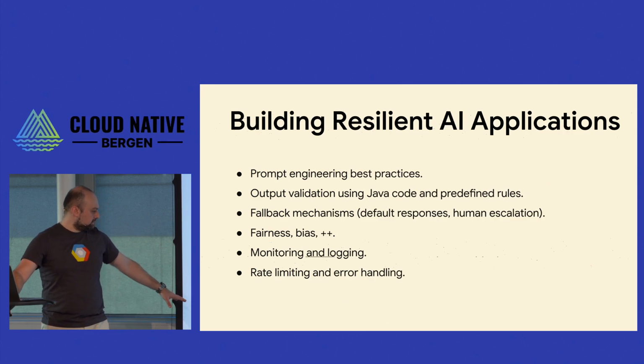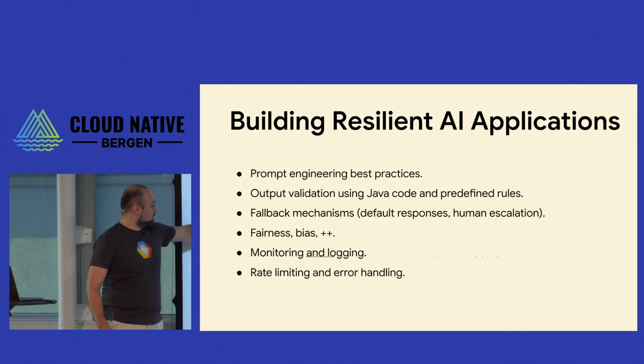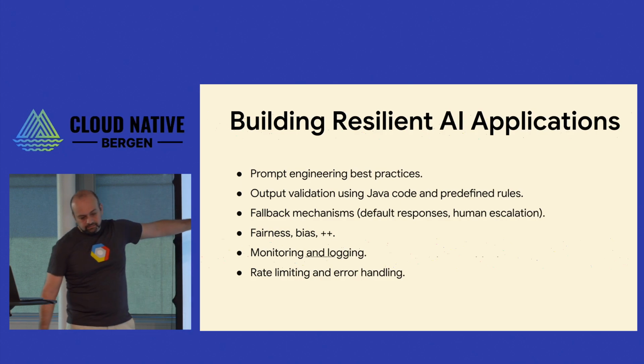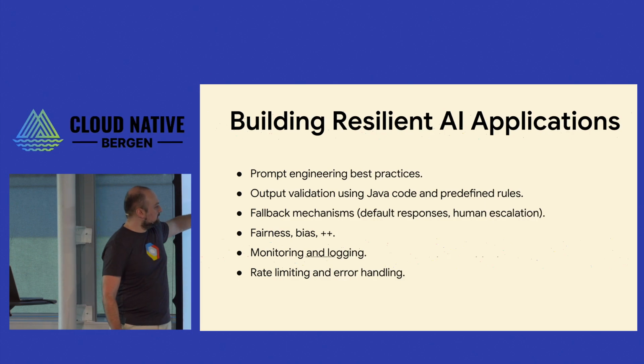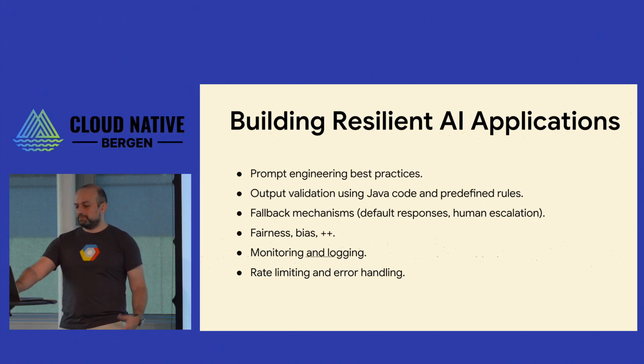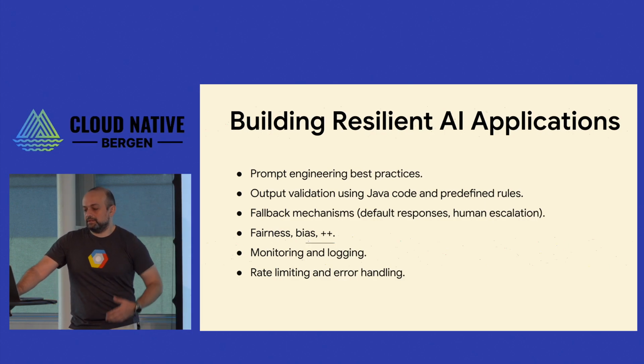It goes a little bit together with the prompt engineering best practices. There is a list. We don't have time for this, but have a look at that. Have a look at the OWASP top 10 for AI models and all those kinds of things. It's as important as it has always been for other things with security, with SQL, with cross-site scripting, all those kinds of things.